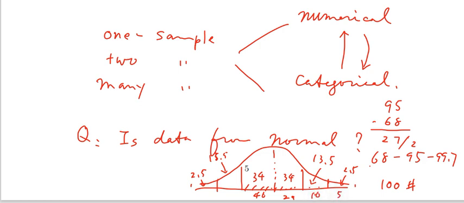We check whether your data matches the supposed number. The supposed number is 13.5 here, but your data has 10 here. So we just check whether they are close or not, right? So we change this to a one-way table.